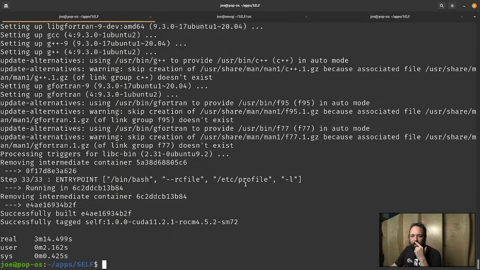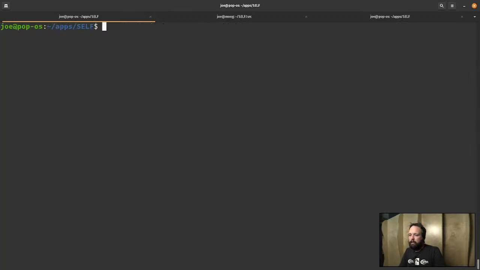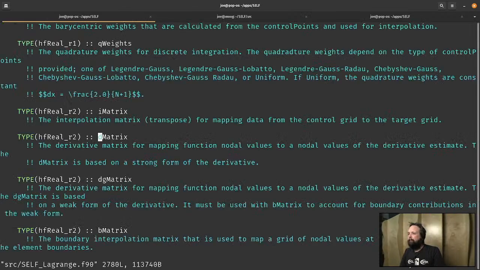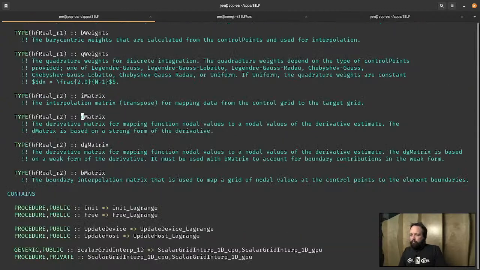All right, so let's dive in now and talk about how to do the GPU acceleration. There's a couple ingredients here. The easiest way to illustrate this is to dive into the Lagrange class. Let's make that a little bit smaller. I hope that's still legible.